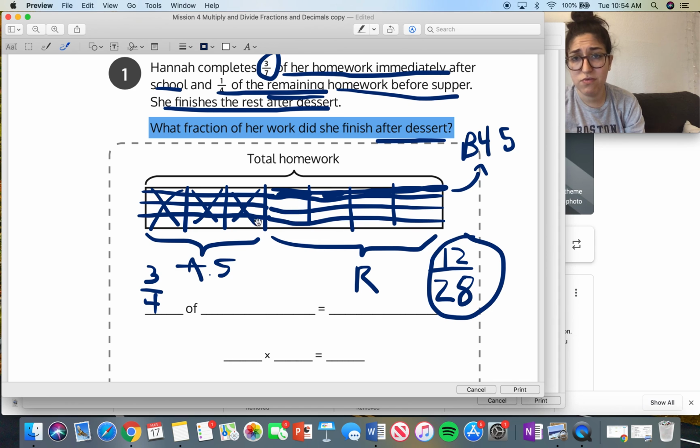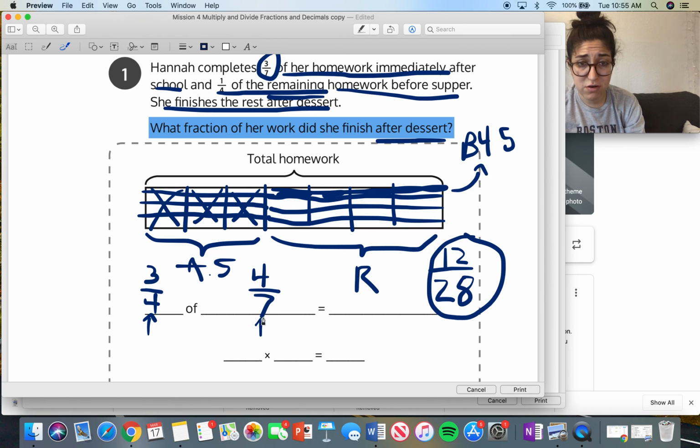Or even, 3/4 of what's left over of the original, of this part of the original, of 4/7, right?